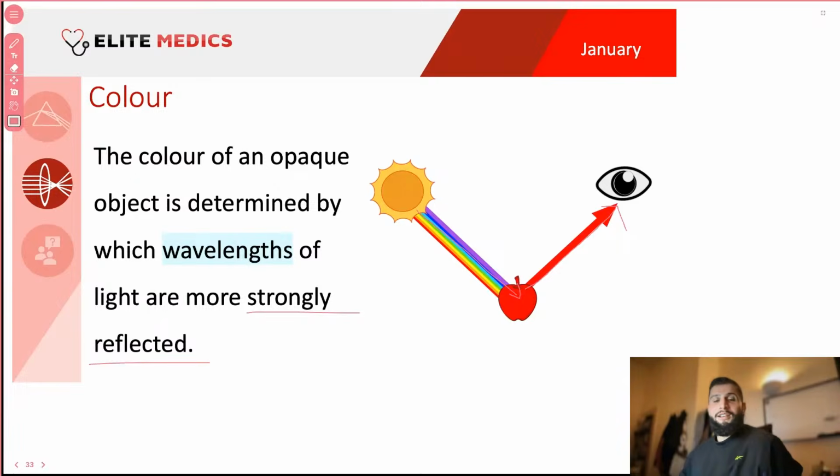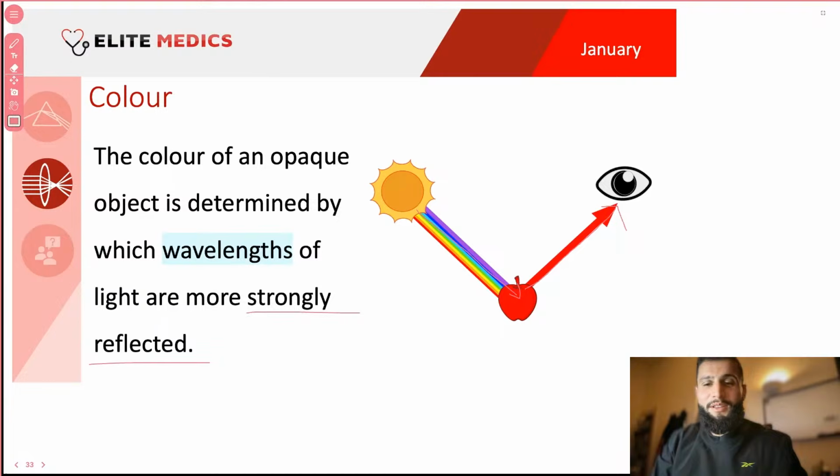Now, for example, if you guys take a look here, I have a logo on my chest. So this is a logo of Reebok. So what color can you guys see? True.